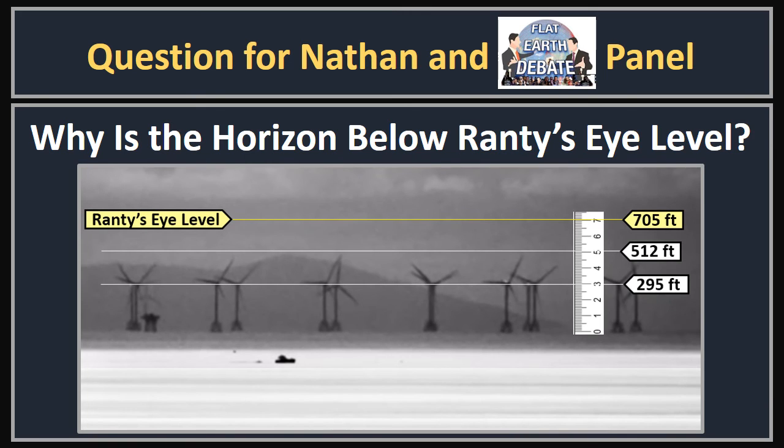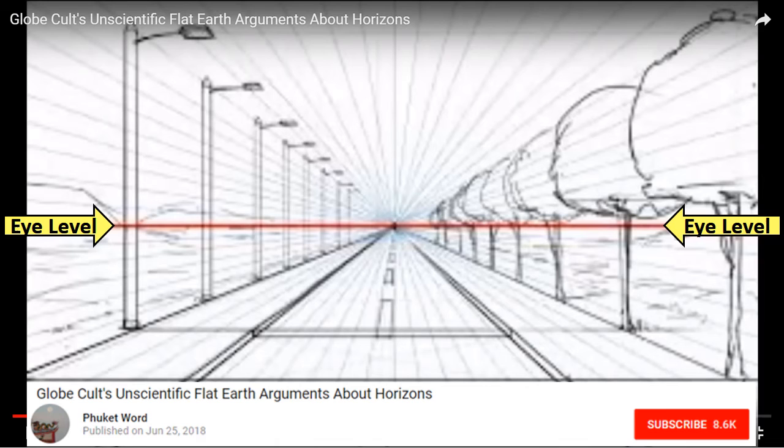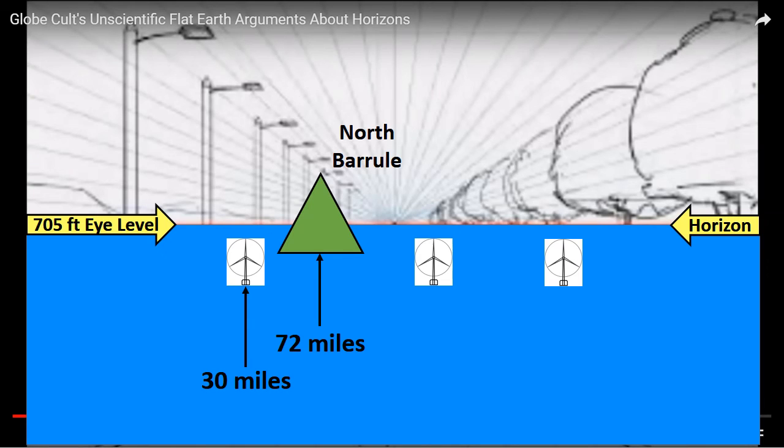Now, about 2 weeks ago, I released this video, which clearly shows that the horizon did not rise up to Ranty's eye level. This was another video that he made from Nicky Nook. Now, also in that video, I used this graphic from PhuketWord, and I said that if the Earth was flat, this is what Ranty should have seen.